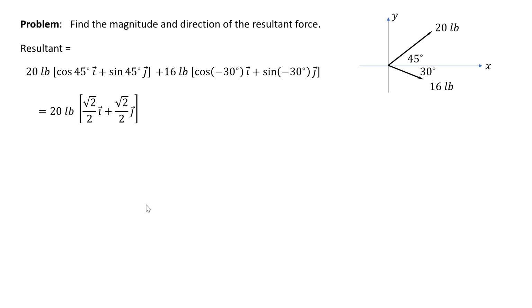However, sine of negative theta is negative sine theta. So we can replace this cosine of negative 30 with cosine of positive 30, and cosine of 30 is square root of 3 over 2. However, sine of negative 30 is negative sine of 30. Sine of 30 is 1/2, and so minus 1/2 j.